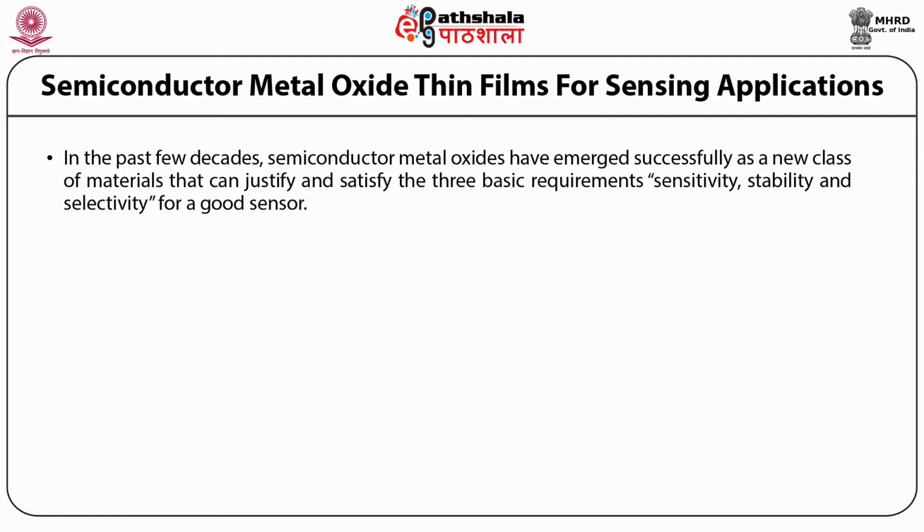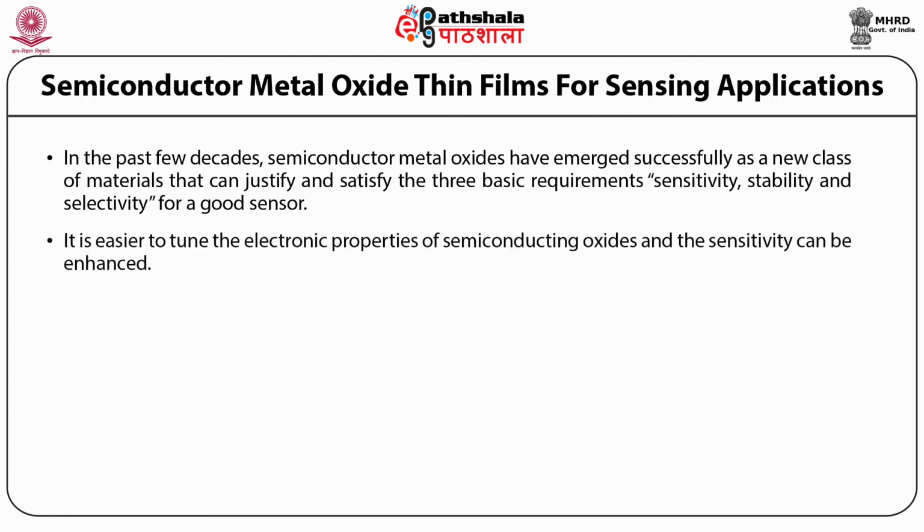Although polymers and other nanomaterials do show promising results, they lack in terms of stability and selectivity. It is easier to tune the electronic properties of semiconducting oxides, and the sensitivity can be enhanced.